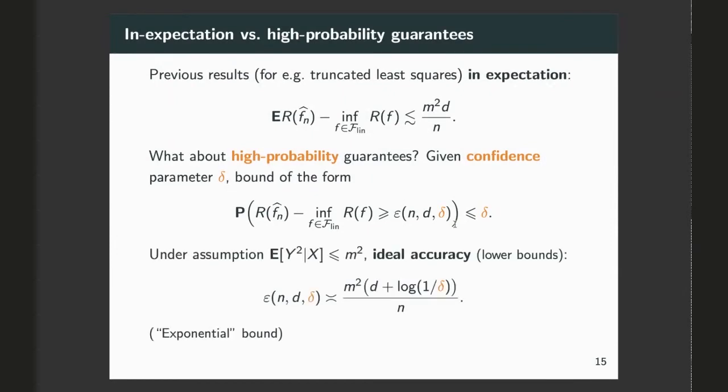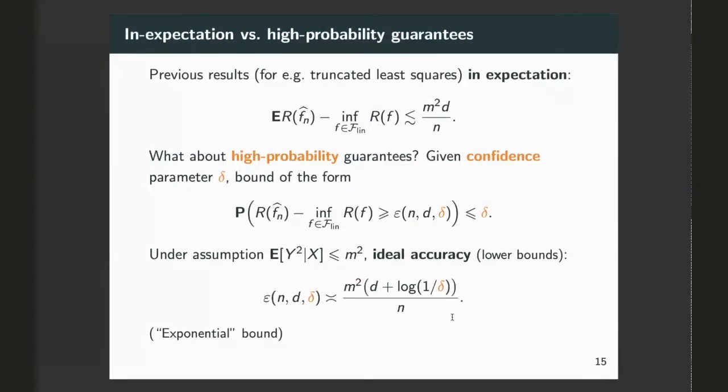Given delta, we can define the corresponding accuracy, which is this epsilon. So you have a trade-off between the accuracy and the confidence parameters. Under our assumption, there is a lower bound, which I'm not stating, but it's not too hard to show that the optimal accuracy you can hope for is this one: d over n plus a logarithmic dependence on the confidence parameter.